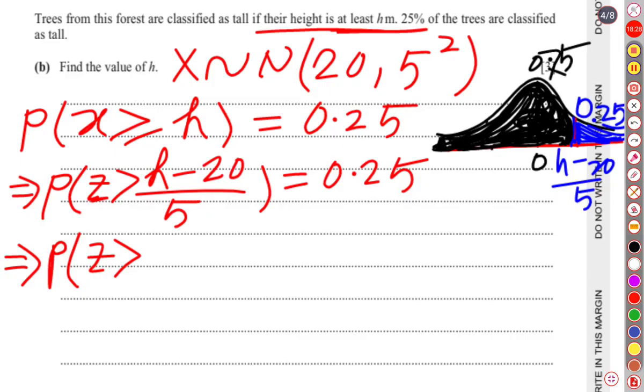So we can easily find the probability of 0.75 when the corresponding z-score is h minus 20 over 5 and it is lying on the right side. So it's definitely positive. Okay, so let us find the probability of 0.75. Once again, I am clarifying, we cannot find for 0.25 because none of the probabilities given in the probability distribution table is less than 0.5.